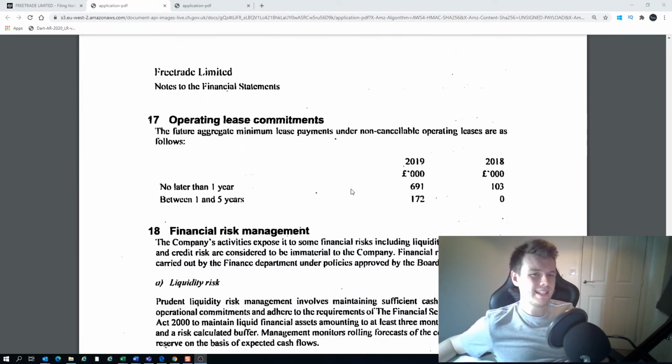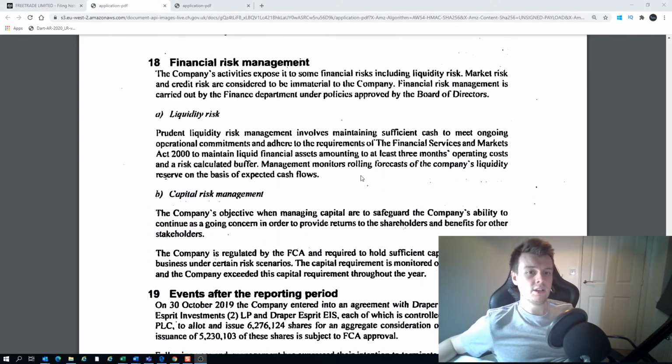We've then got operating lease commitments, which is effectively what the entity is committed to in terms of paying out for. So typically this will be like rent and any leases like forklifts or cars or properties, the main thing, to be fair. Then you've got the risk management, which is what I spoke about earlier, to find out what the entity deems themselves to be the risk towards the business.